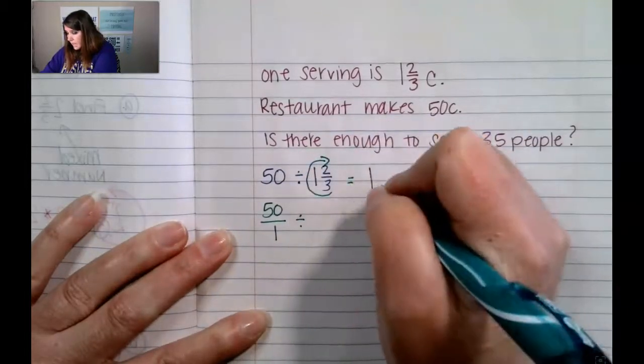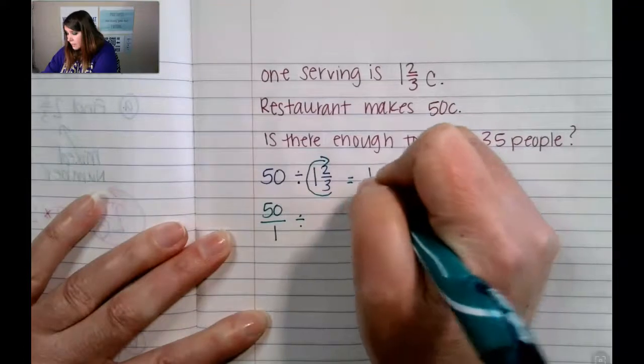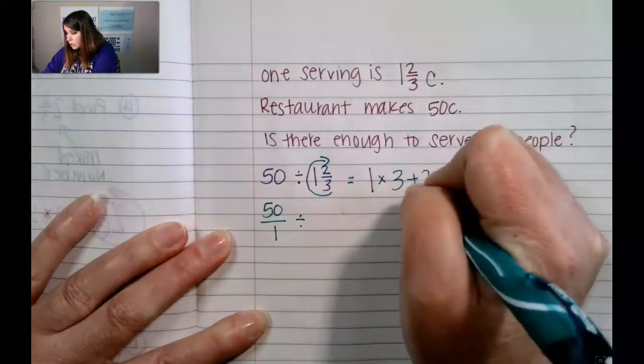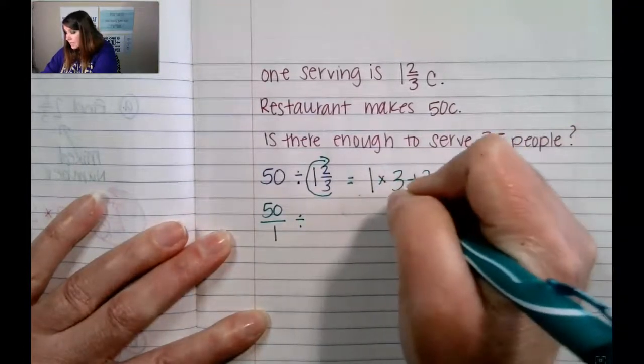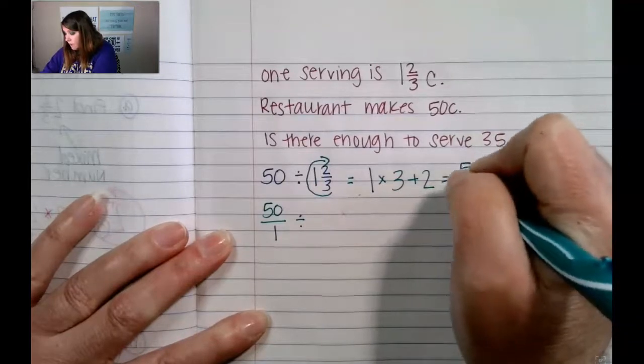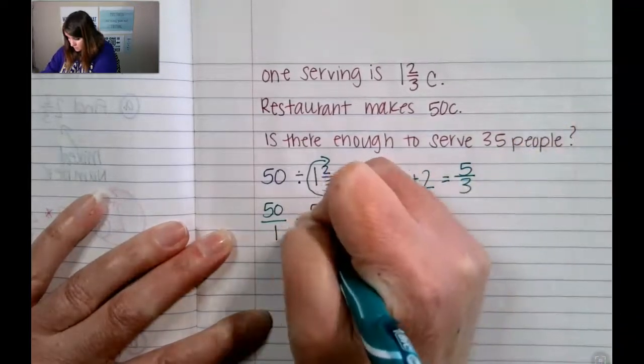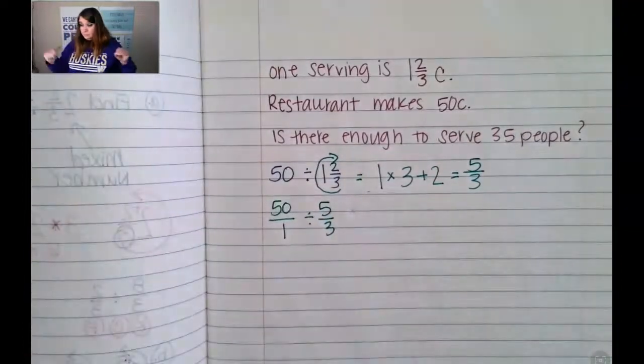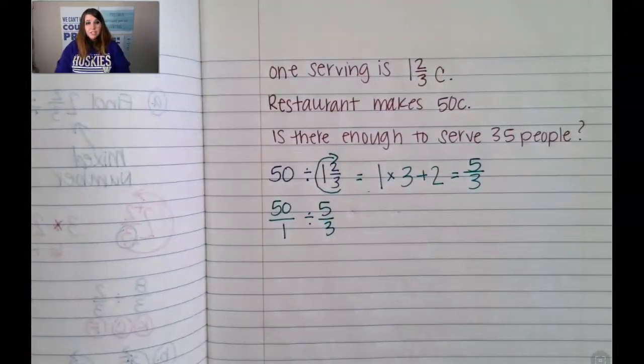So we're going to take 3 times 1 plus 2. And this gives us 5/3. Okay, now we have a fraction divided by a fraction.